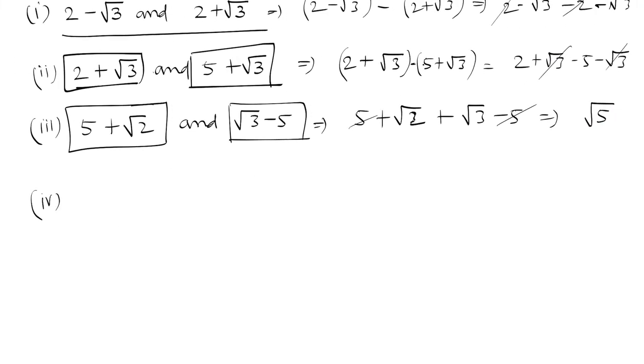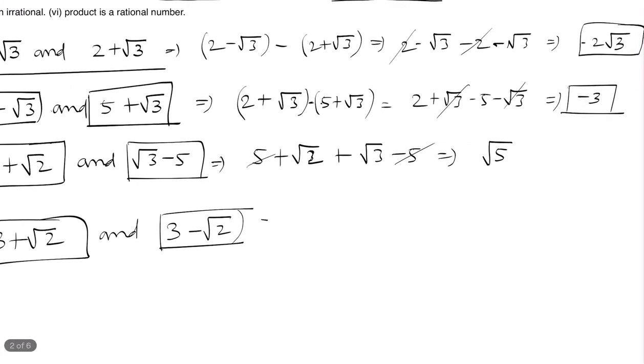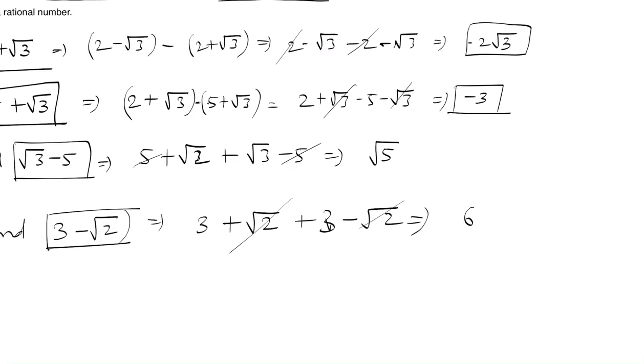Now, for example, let's say 3 plus root 2, which is an irrational number, and 3 minus root 2, which is also an irrational number. But when we take the sum of these, 3 plus root 2 plus 3 minus root 2, which is equal to 6, which is a rational number.